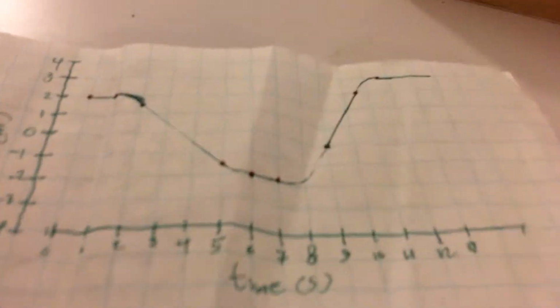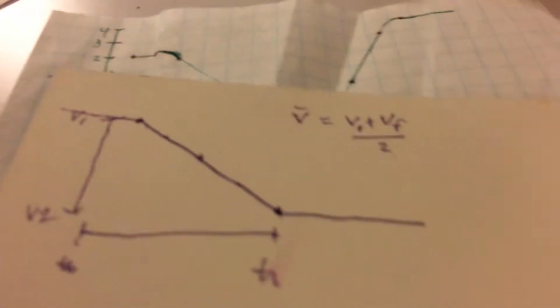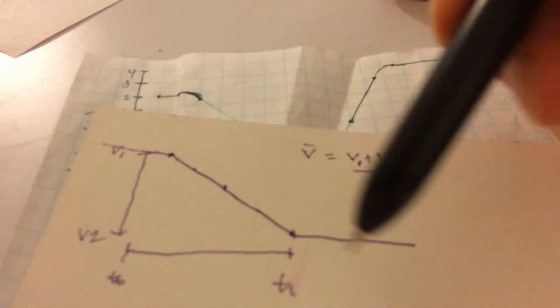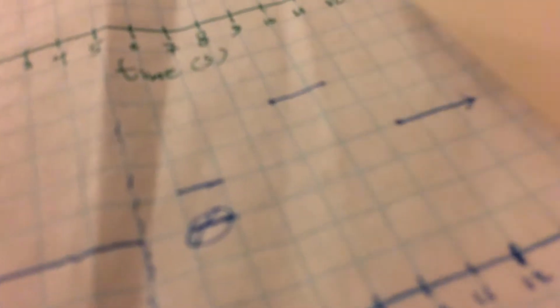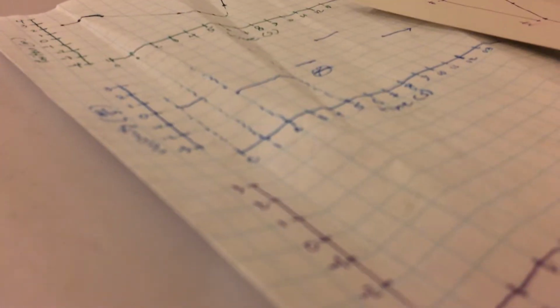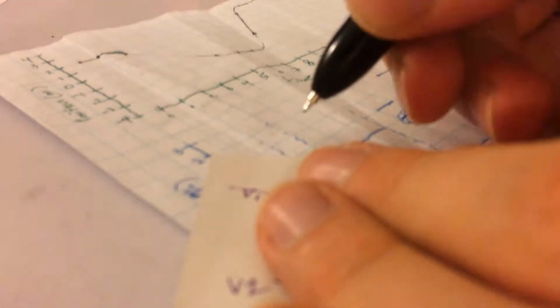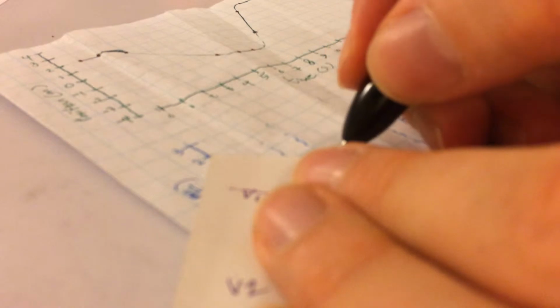Because we know that the changes in velocity under constant acceleration will form a straight line on a velocity graph, that means that for all those in-between intervals we can just connect the lines. So I'll just do that now.